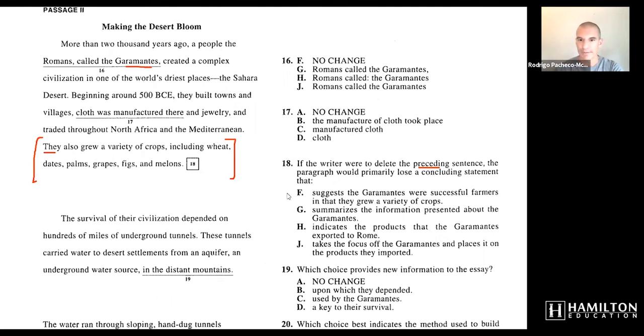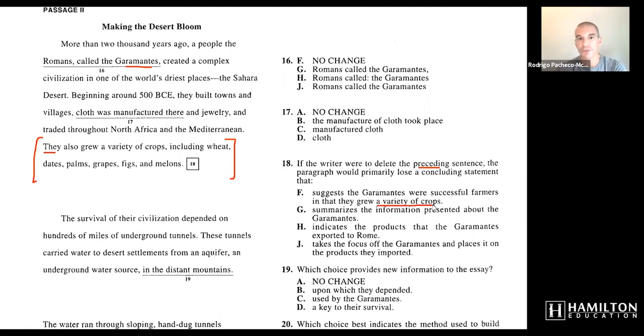Let's take a look at the answer choices, and we'll think about what the essay would lose if we deleted this sentence. So F tells us that we would lose, or that this statement suggests that the Garamantes were successful farmers and that they grew a variety of crops.